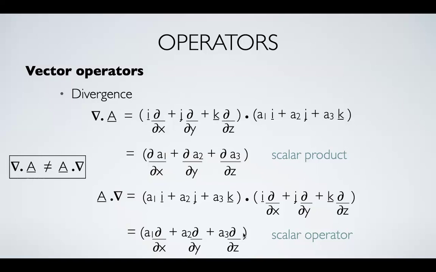So the key thing that I'm trying to say in this slide is that when you dot two vectors together, do not switch places, because the arrangement matters in the equations, and it's going to affect the final answer.